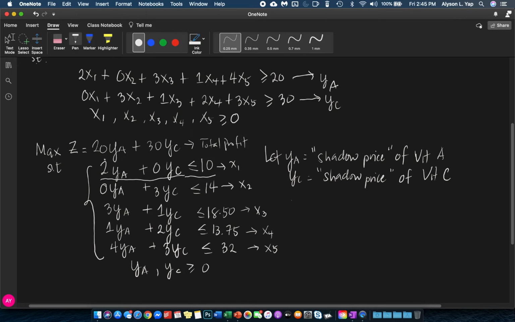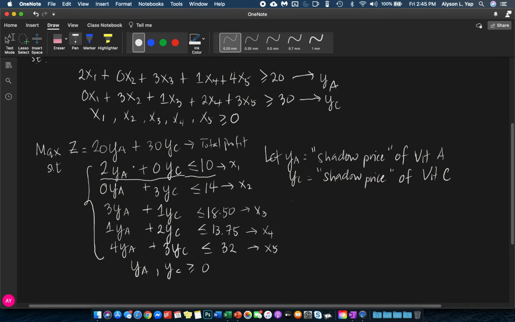Okay? So let us look at the first constraint. 2YA plus 0YC should be less than or equal to 10. Let's try to understand this. Now, what are 2 and 0 relative to food item 1?